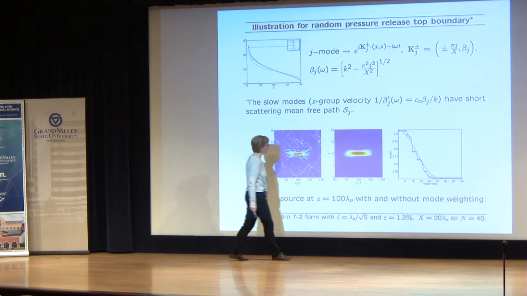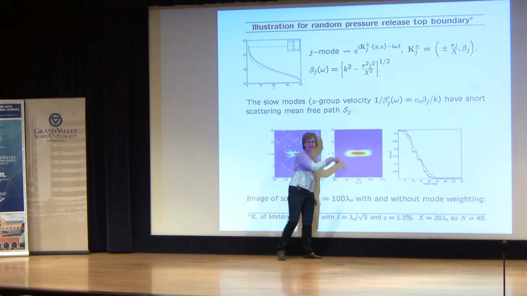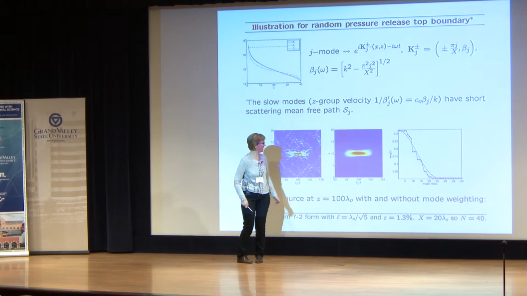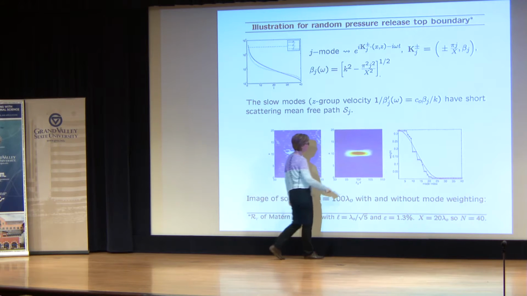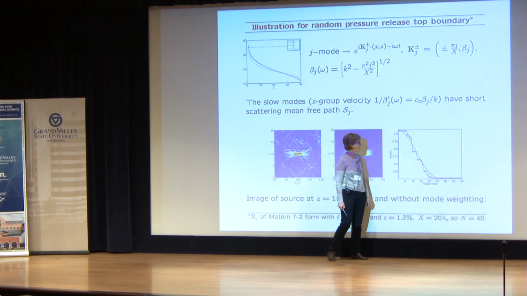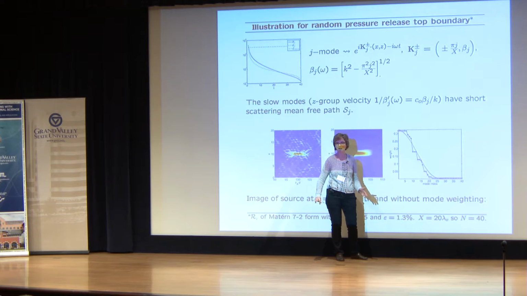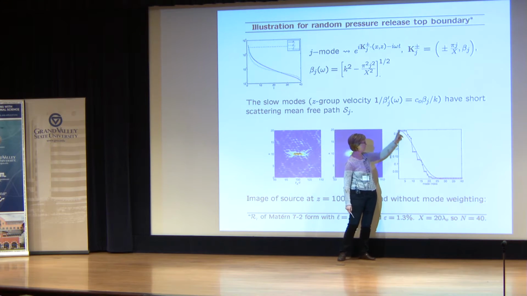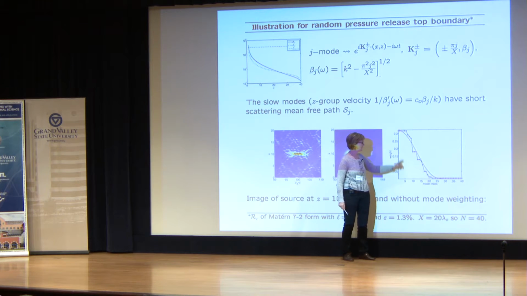And here is how the image looks if you use this adaptive figure of merit. You see the image is much cleaner, a little bit blurrier because we don't use all the modes. What is interesting is the weights calculated using numerical simulations with this adaptive optimization, compared with what the theory predicts. You see that the theoretical and computational predictions agree very well.